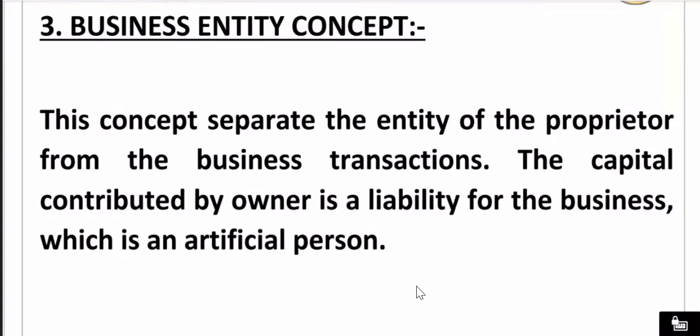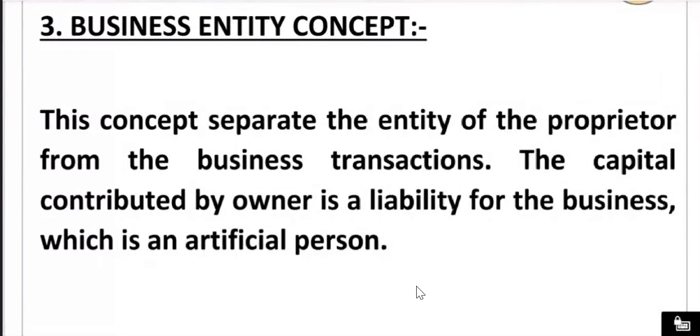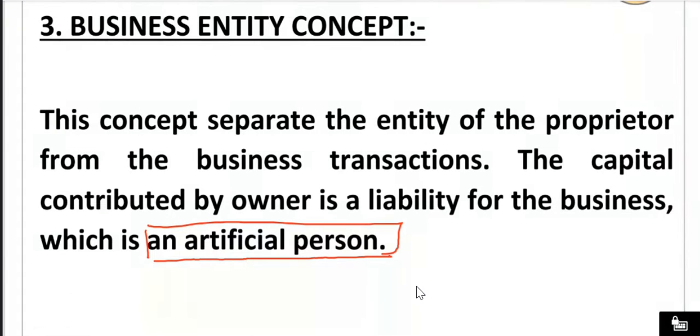You may be the owner of a business, but your transactions and the transactions done by your business are of two separate persons. That's why a business entity is always considered an artificial person. Expenditure incurred by you personally will not be recorded in the business.